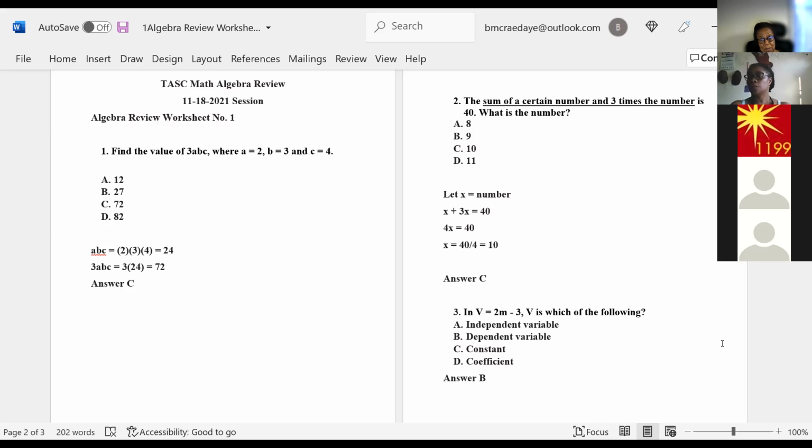Because at 40 miles per hour for 4 hours, you go 160 miles. So your independent variable would be your rate of speed, and your dependent variable would be the number of miles. That's your output.